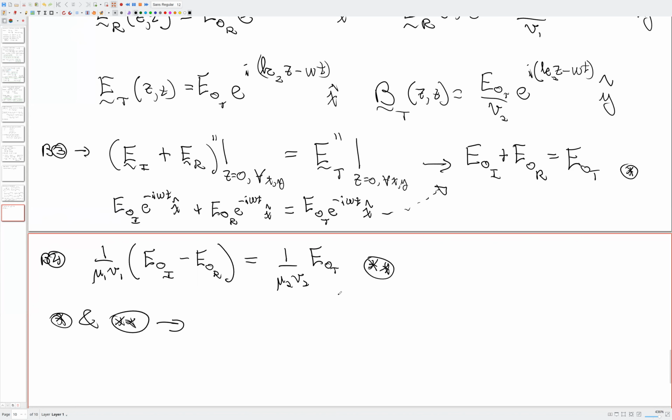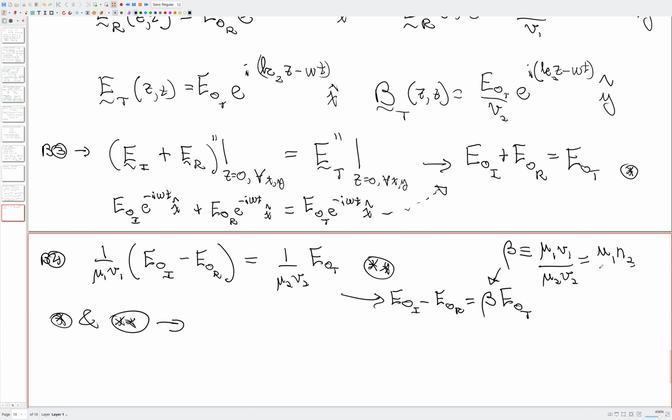What you can do is just rewrite this one here in a slightly more convenient manner, which is E0I minus E0R is equal to beta E0T, where this beta here is by definition the ratio of mu1 v1 and mu2 v2, and you can rewrite it in terms of the refraction indices.